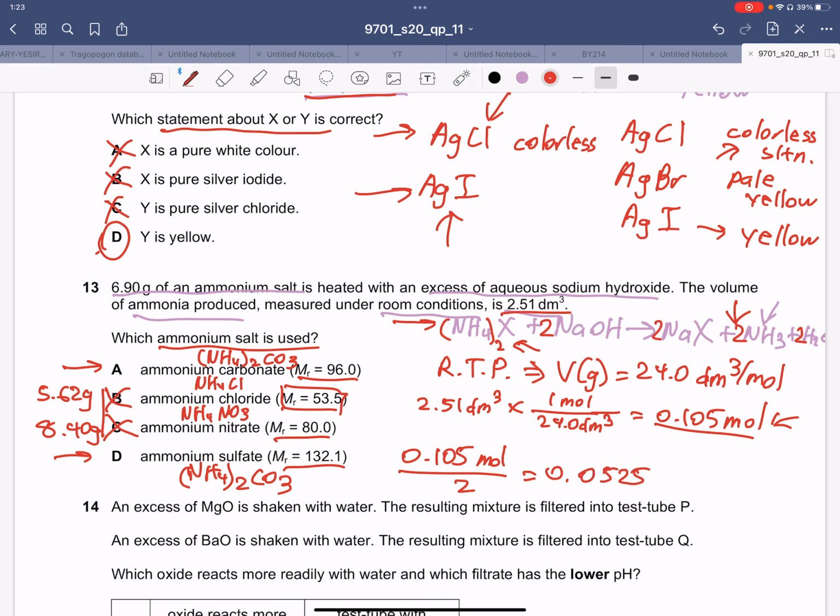And then you just go back to the answer choices and plug them in. Starting with A, we multiply this by 96, and you get 5.04 grams, which is not right.